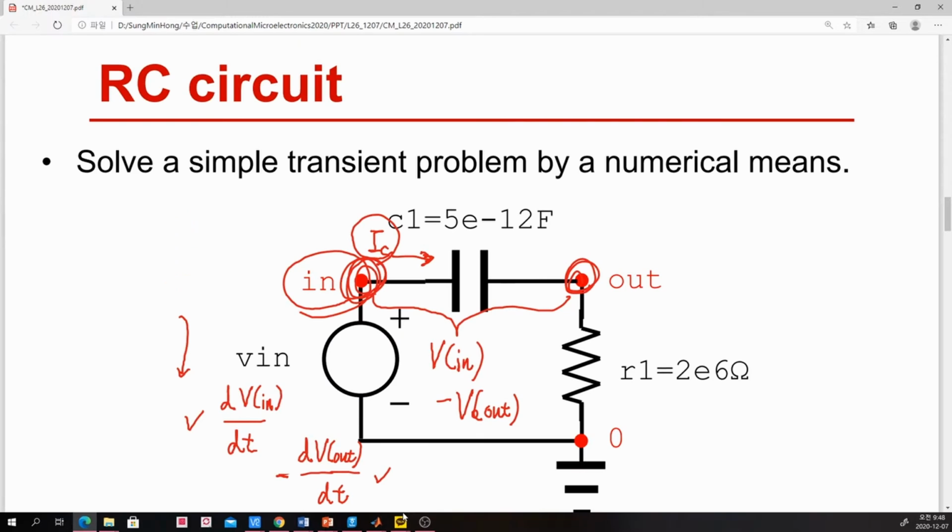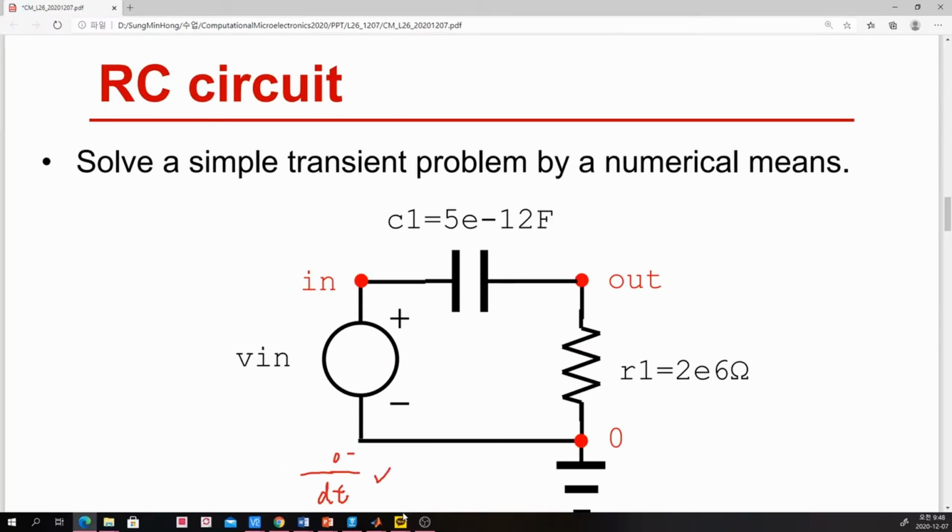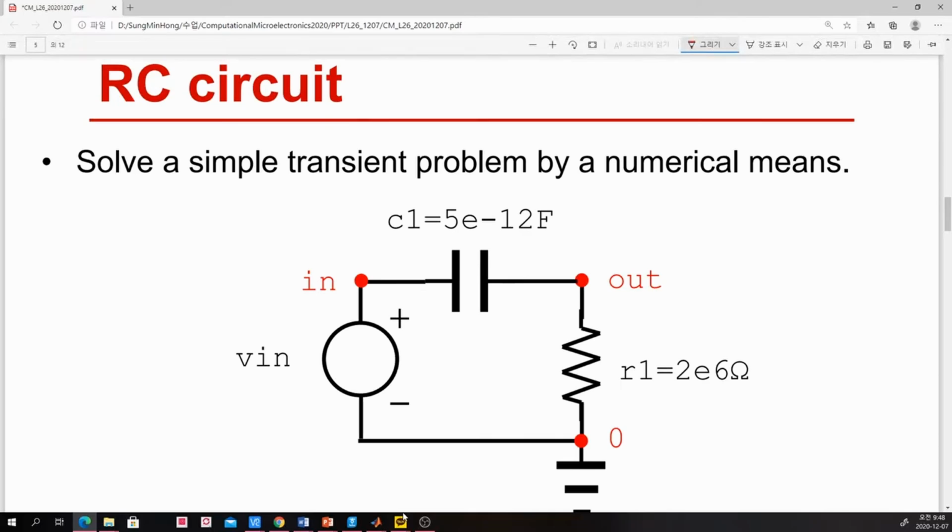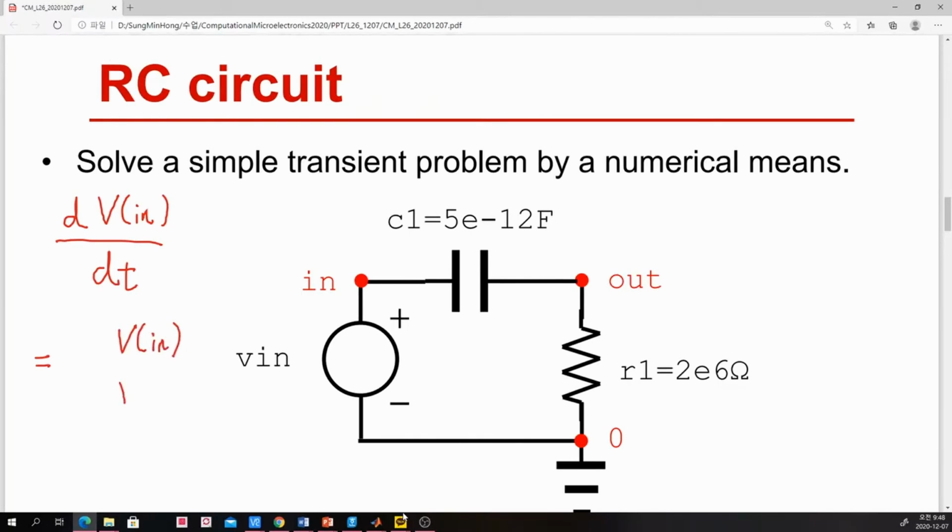So now things become really clear. Our goal now becomes, how can we discretize or express a term like this in terms of, for example, V in or V out, or other quantities like capacitor current or resistor current, and so on. We want to express our time derivative term in terms of other quantities inside our unknown variable list.